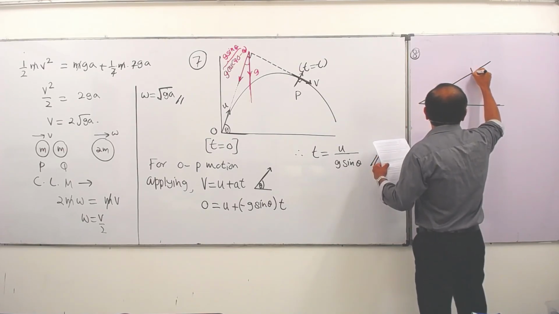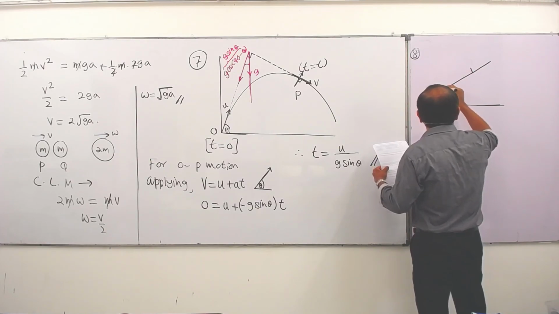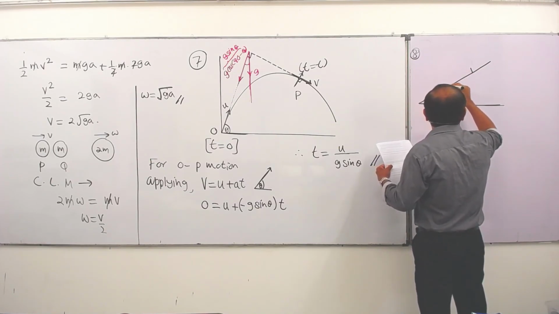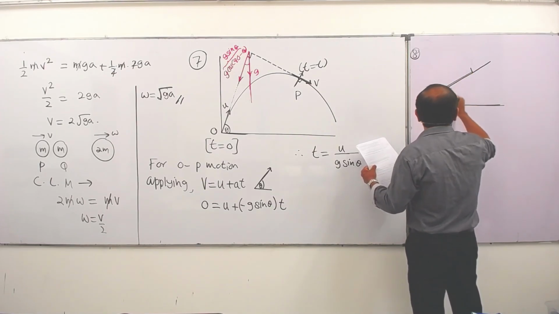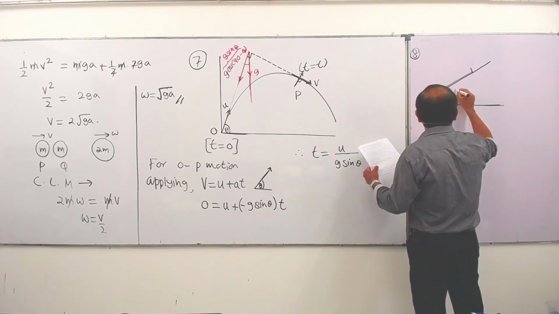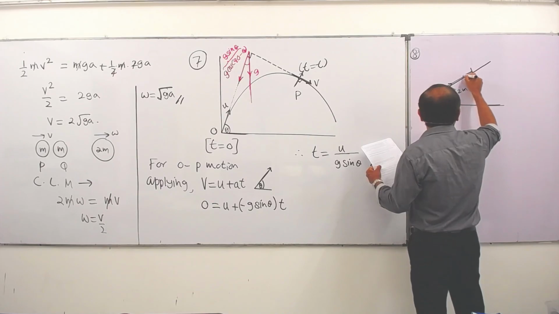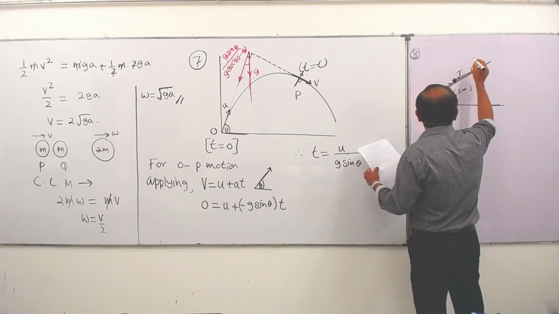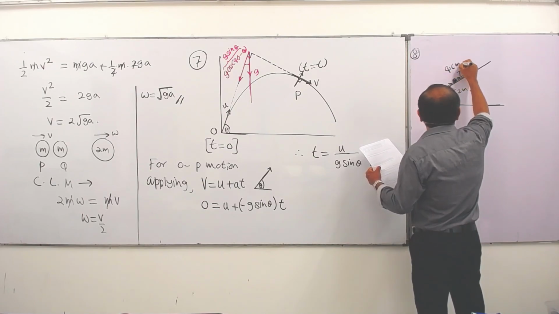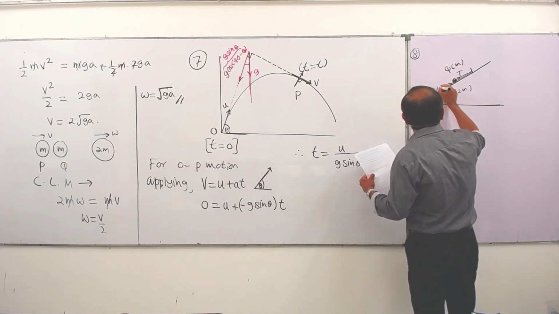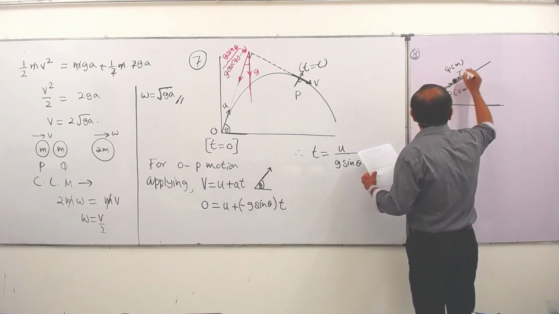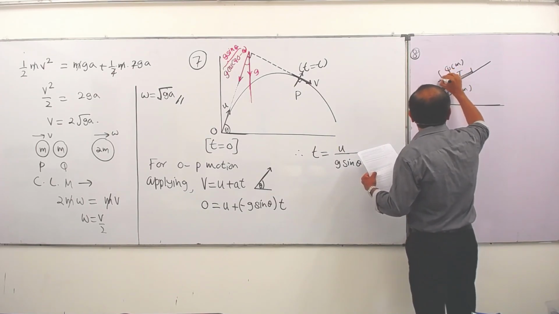This way I draw the particle P. Mass is equal to 2m. The other end we have particle Q, tension T. Q has the mass m. Let us take P's acceleration as f down the slope, and Q has the acceleration f in the other direction.